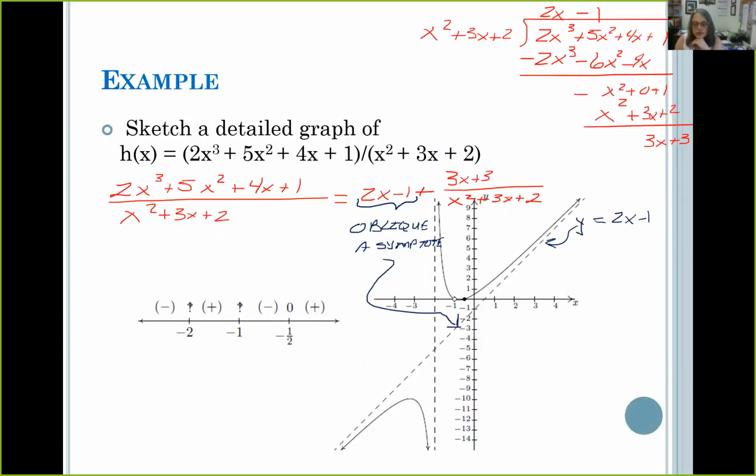There's also a vertical asymptote at x = -1.